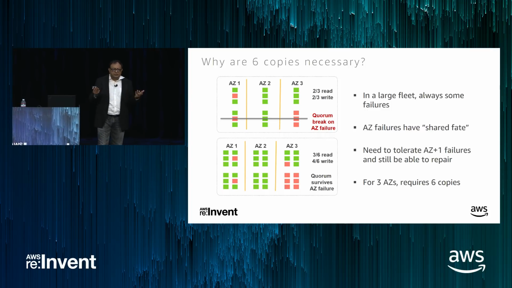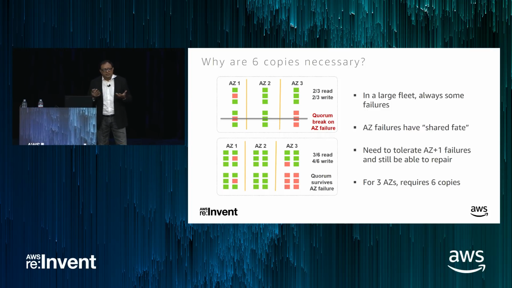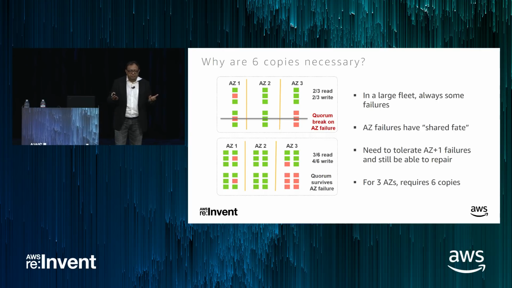To have 2 failures, if they're independent events, you multiply those numbers and it feels pretty rare. But the problem is, in a large fleet, there are always some failures going on, right? Disks fail, nodes fail, network paths fail. In a large enough fleet, there's always something that's broken and that needs to get repaired.